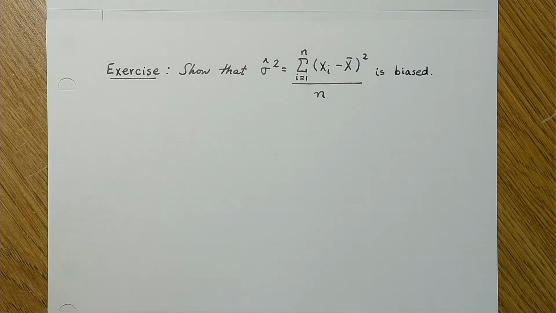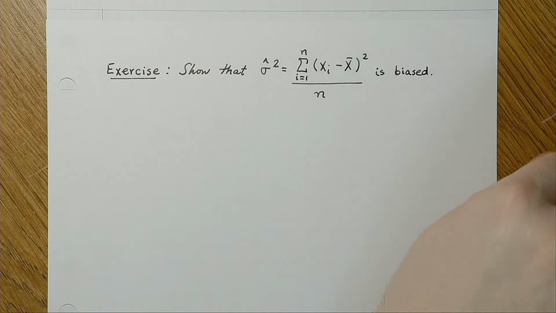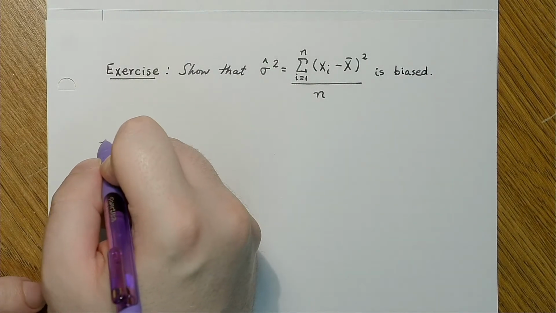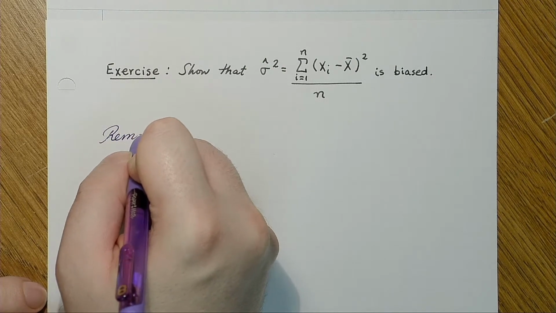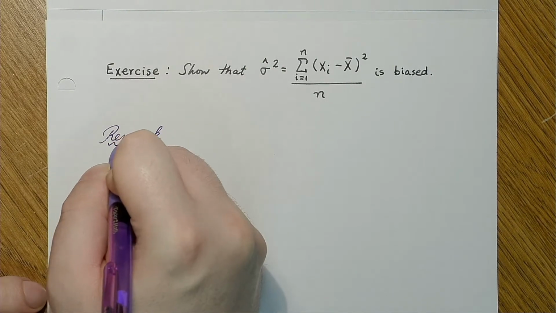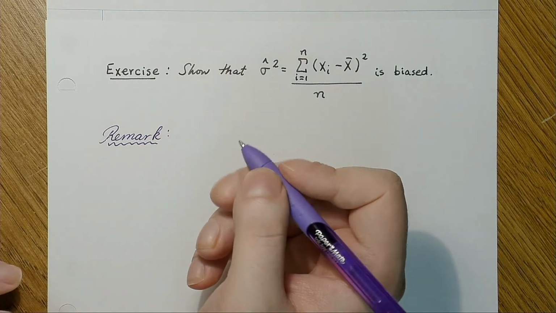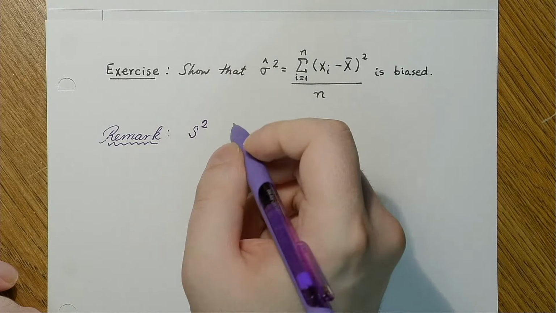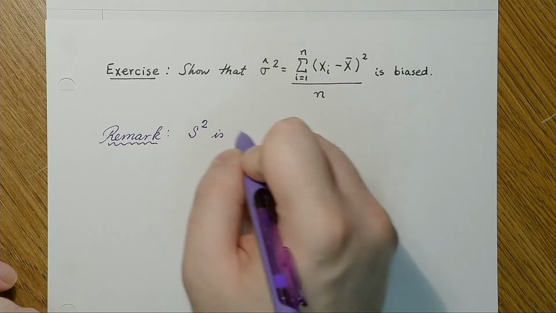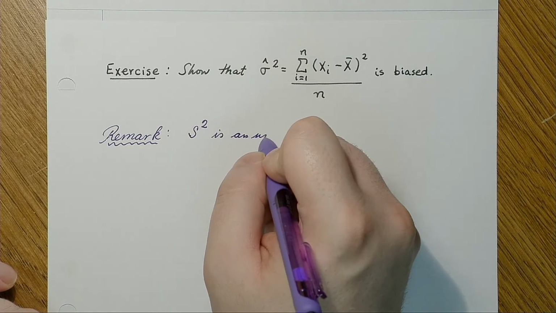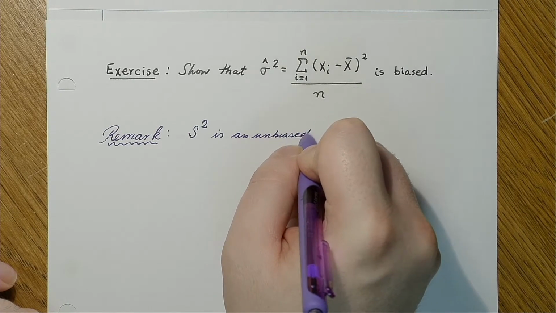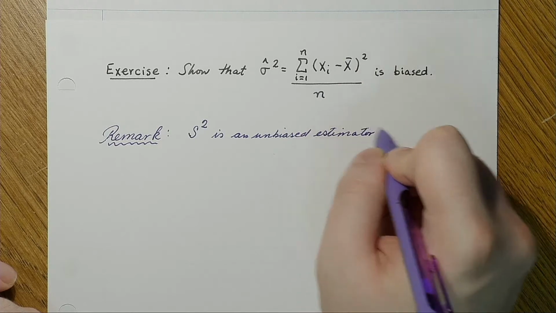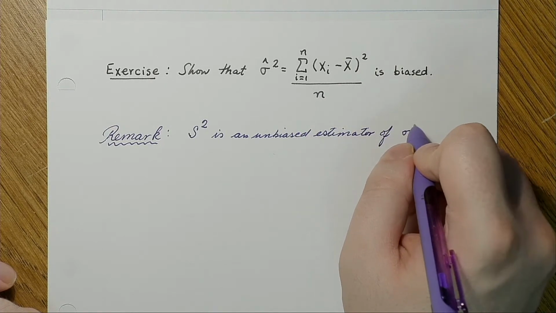Now, just a small warning. I should make a little remark. So we saw that s squared is an unbiased estimator of sigma squared.